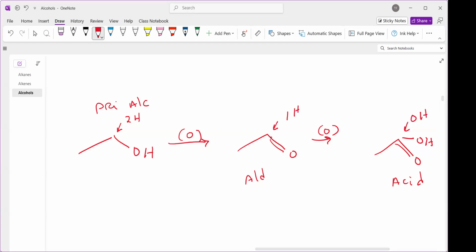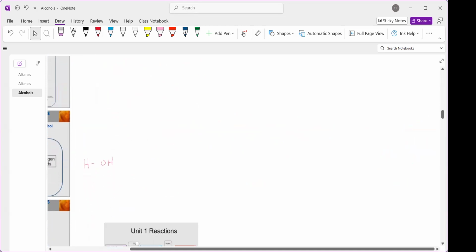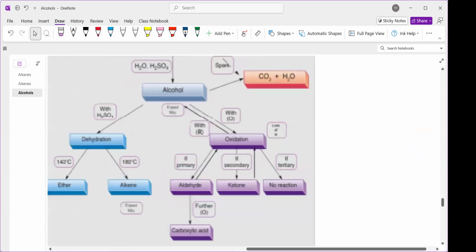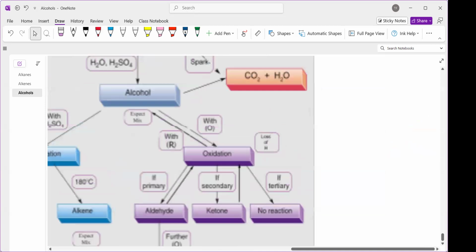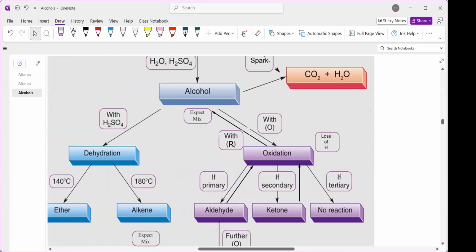Now, if we look at our reaction flow chart, here we have oxidation. And it says loss of hydrogen. You can also reduce this stuff as well, with oxidation and reduction.